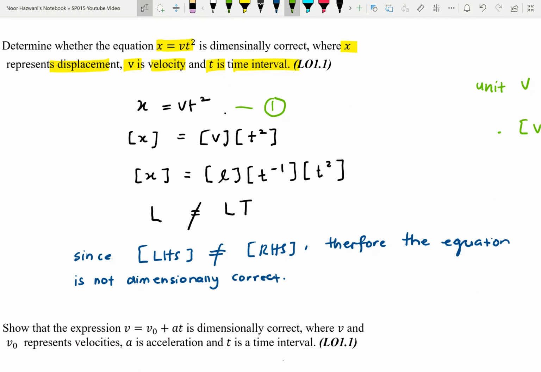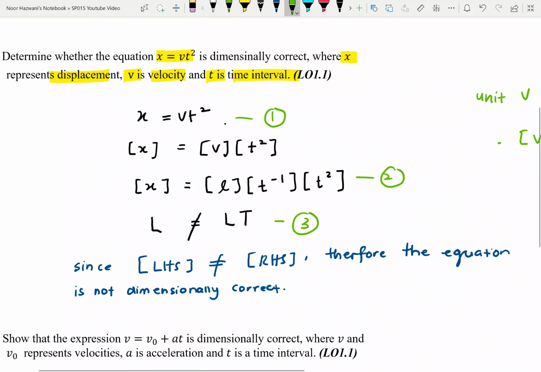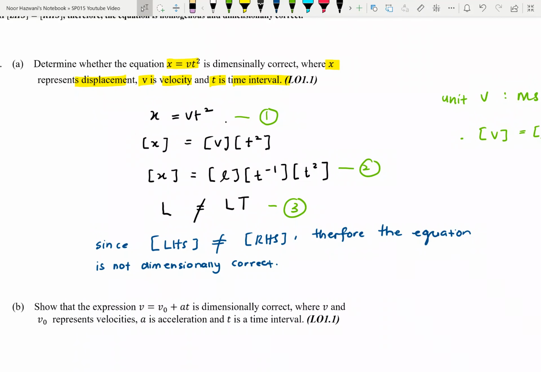So this is step number 2, then this is step number 3, and then the last one, you have to write the conclusion sentence.